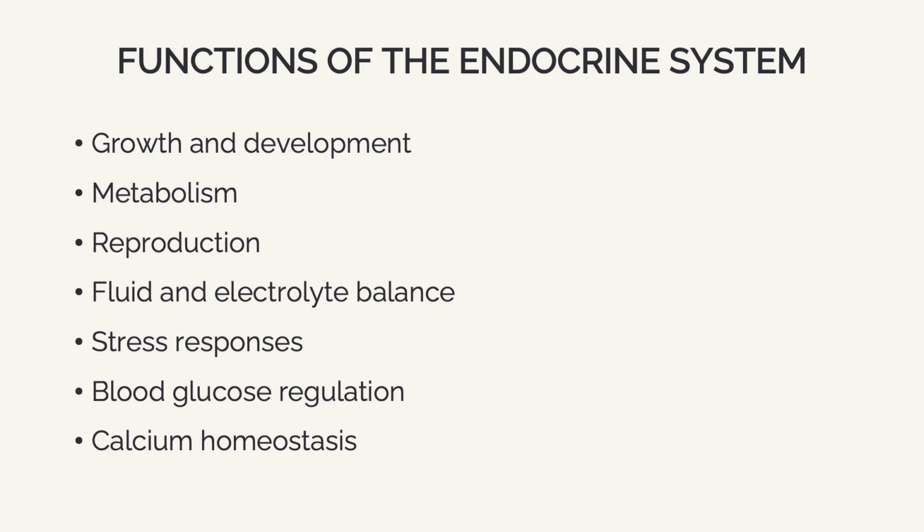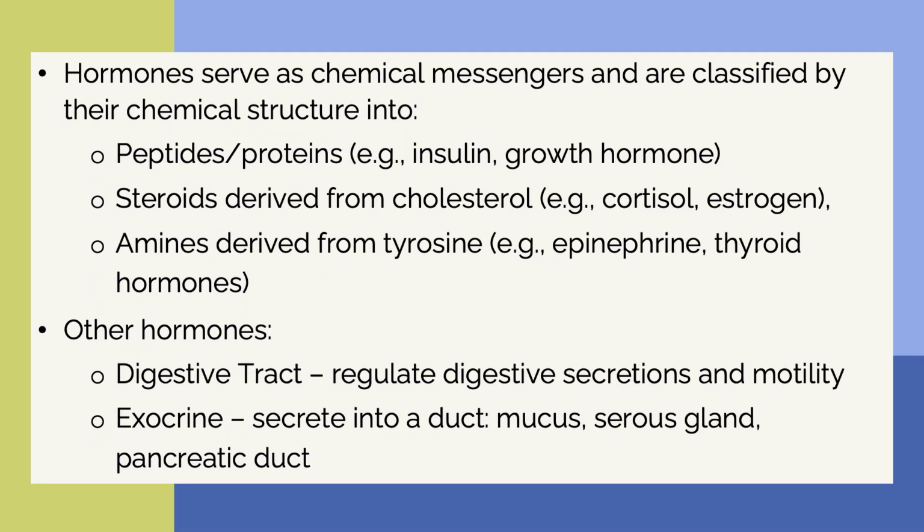So finally, they also maintain calcium homeostasis, which is essential for bone health, muscle contraction, and nerve function. As we mentioned earlier, these hormones act as chemical messengers, right? They travel through the blood to the target cells, and they do this to regulate function and maintain homeostasis.